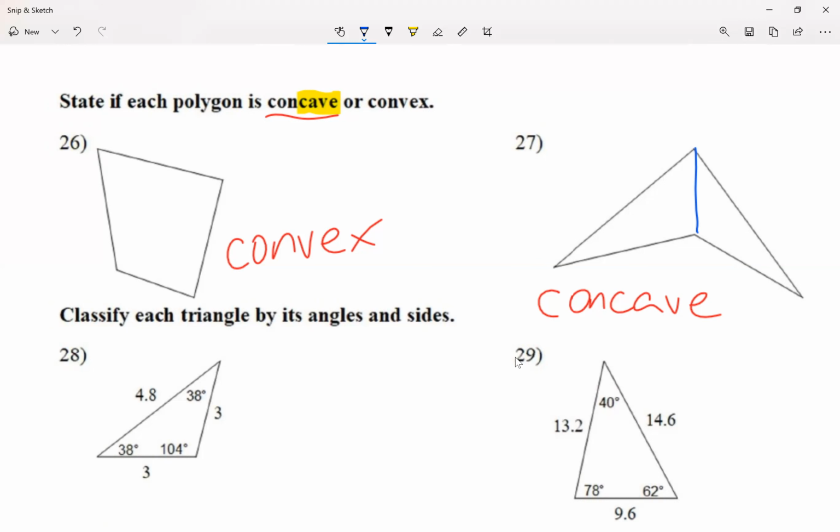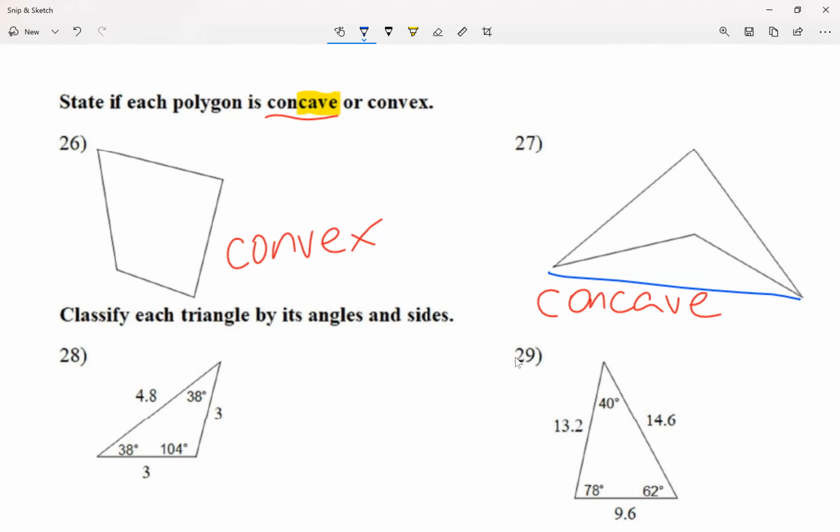I didn't say all diagonals. I said find a diagonal that goes outside of the picture. I was looking at this diagonal. So connect two corners, but that diagonal goes outside of the picture. That's concave. If it's convex, so I'm looking at number 27, you will not find such a thing.